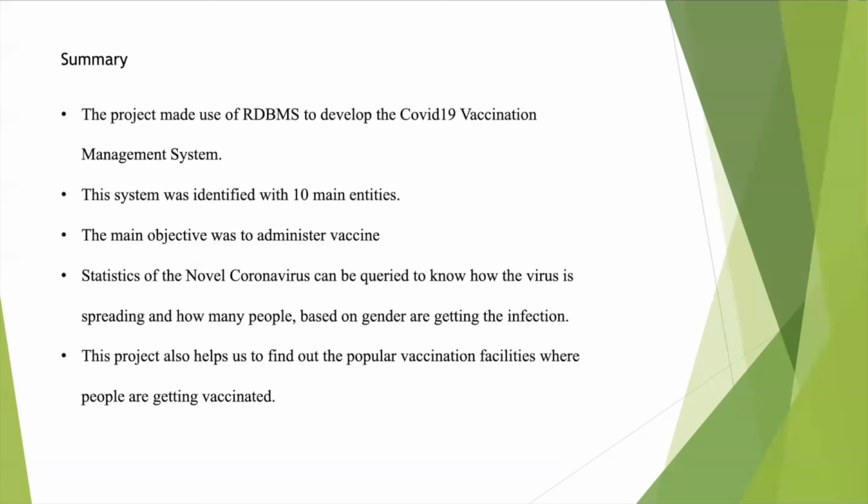The statistics of regional spread of the variants of Omicron and Delta can also be queried. The project also helps us to find out the popular vaccination facilities where people are getting vaccinated. A NoSQL perspective of this project was also implemented.